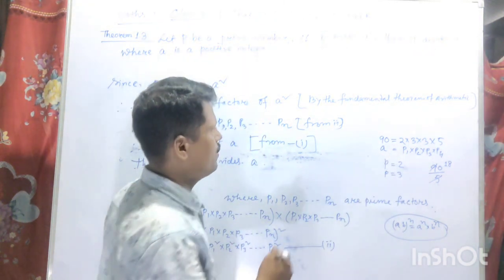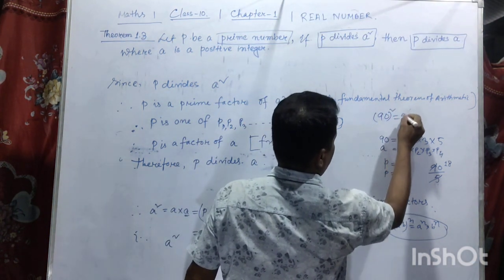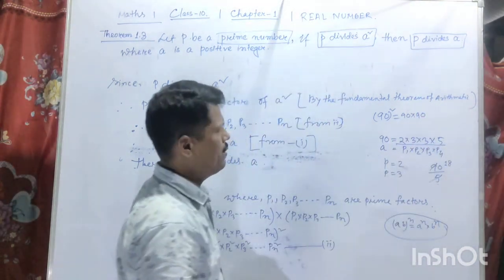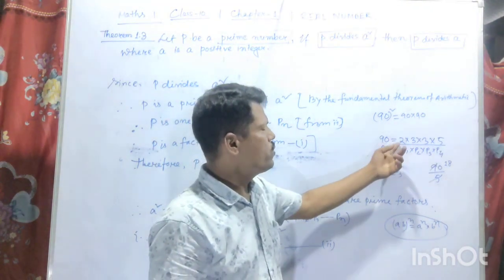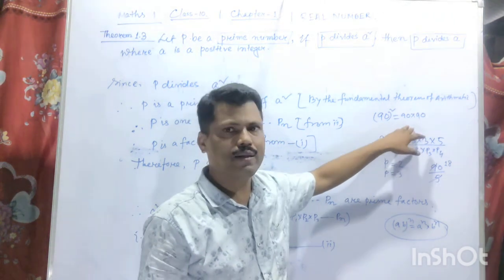If we have 90 square, that means 90 into 90, then these prime factors also completely divide 90 square. 90 square means 90 into 90.